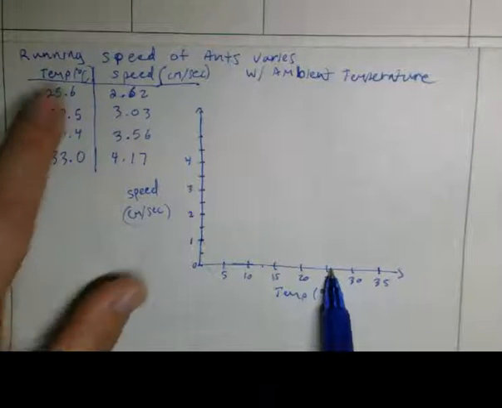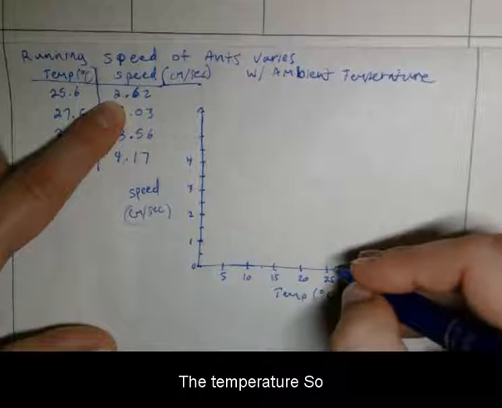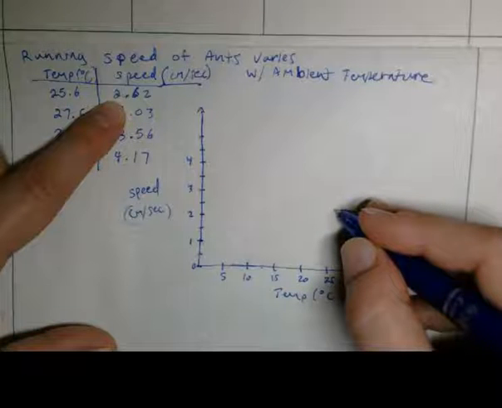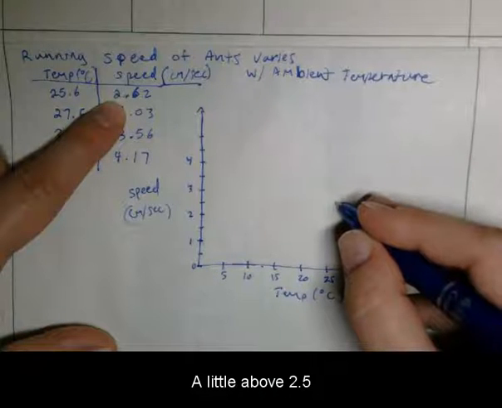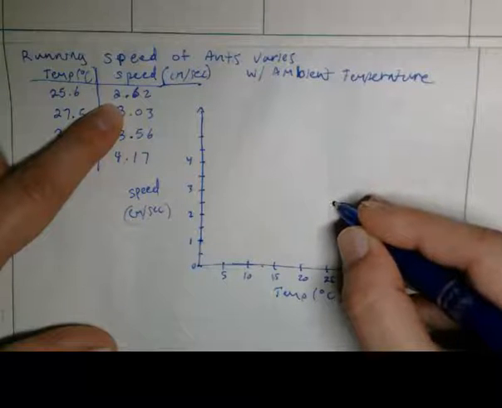And then we'll go up to 2.62, so 1, 2.5, a little above 2.6. So that's our first point there.